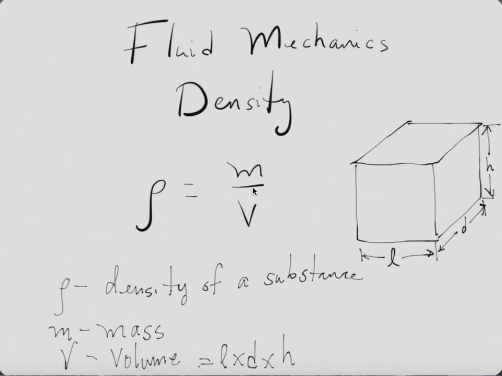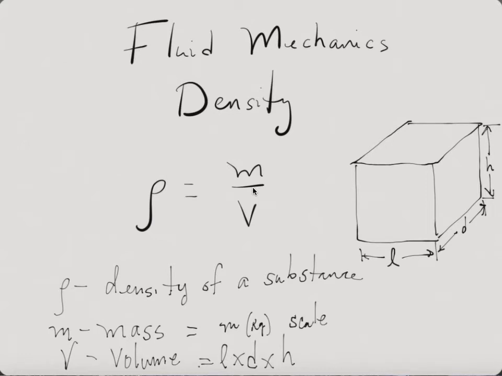And mass is just going to be a result. If we put it on a scale, we can figure out what the mass is, written in kilograms. You can get it from a scale.